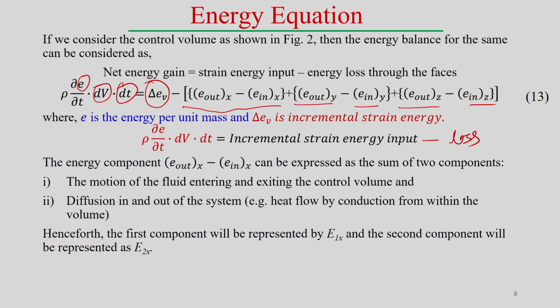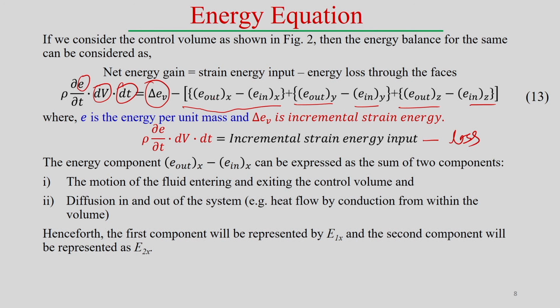So, heat conduction may happen within this elemental volume also, and that part we have to consider as an energy either loss or gain within this control volume. So, two components of energy are there.